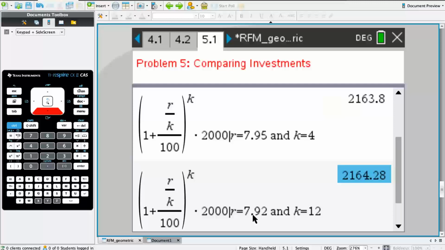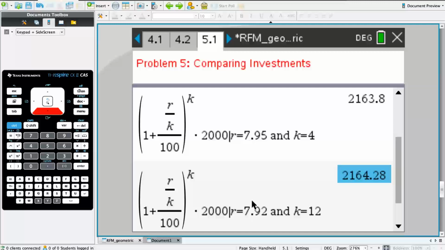Remember, this is just for 1 year. So when you are deciding which is better, you have to factor in the percentage rate annually, the nominal rate, and also the number of compounding periods.